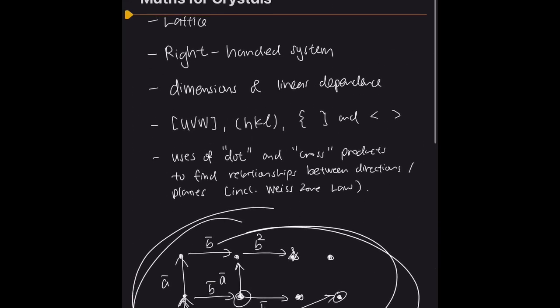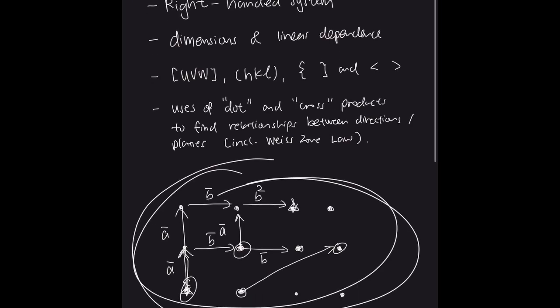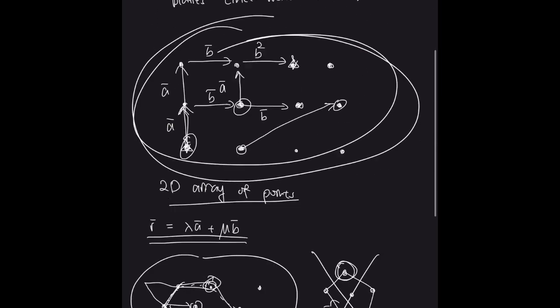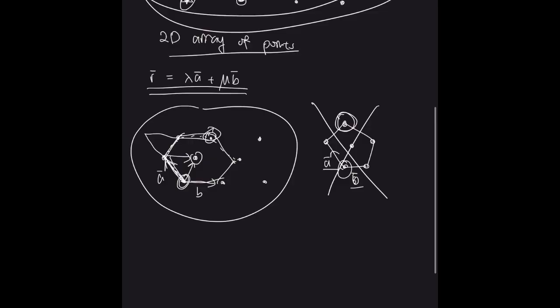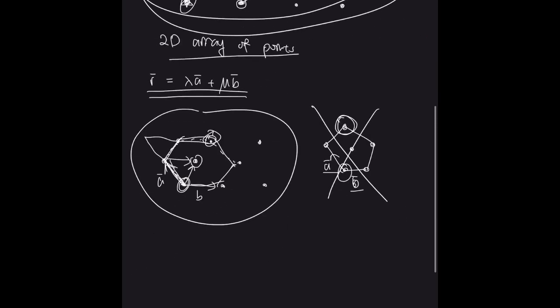So with that, I guess we have covered what a lattice is. You have your lattice points, and then you have to put something at each lattice point.